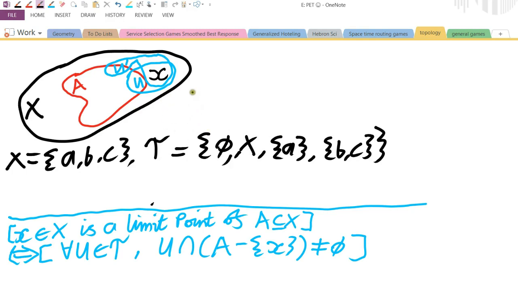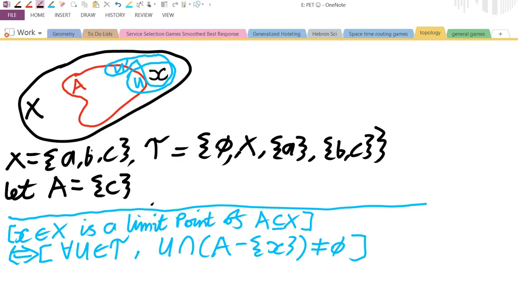It's got the empty set, it's got the whole set. Intersection of those two is the empty set. Union of those two is the whole set. So yes, it's a topology. Now, suppose we pick our set capital A to equal {c}. So does A have any limit points? If so, what are they? Perhaps you'd like to pause this video now and try and answer that question.